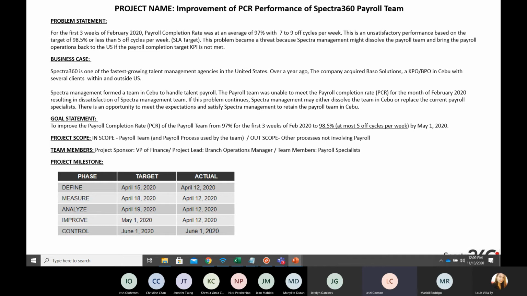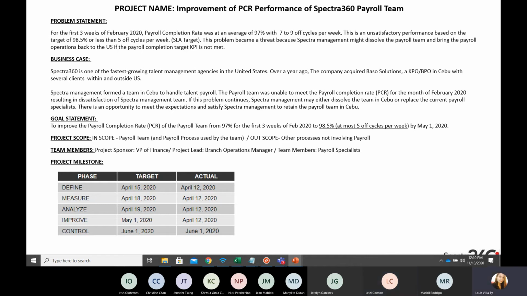The payroll team was unable to meet the payroll completion rate, PCR, for the month of February 2020, resulting in dissatisfaction of the Spectra management team. If this problem continues, Spectra management may either dissolve the team in Cebu or replace the current payroll specialists. There is an opportunity to meet the expectation and satisfy Spectra management to retain the payroll team in Cebu. Okay, thank you for that.